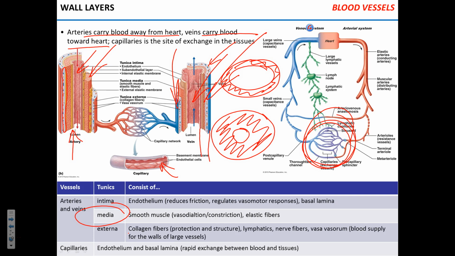Gas and nutrient exchange, yes. What is the size? I'm not asking numbers, God forbid. So the size of the capillary. It should be no smaller than the size of the smallest blood cell, yeah.